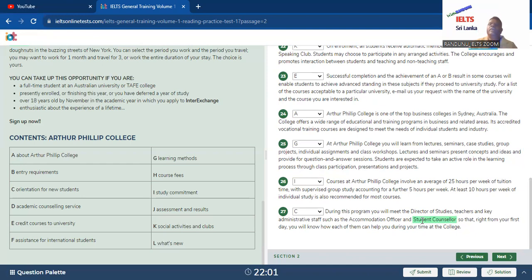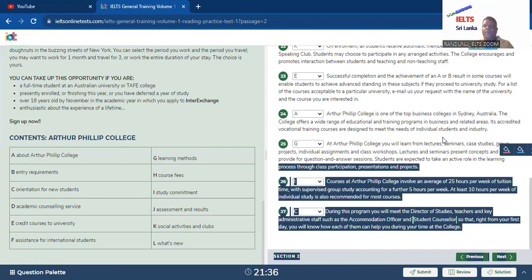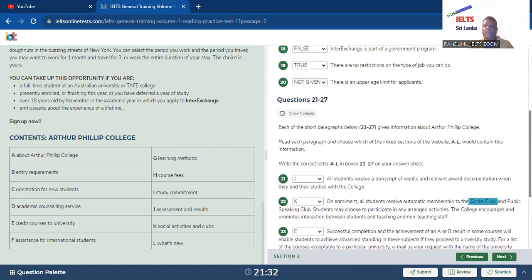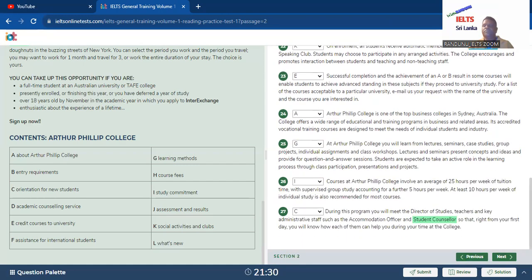This is the induction program or orientation program. Just because student counselor is there, it is not about student counseling, because accommodation officer is also there, no? So this one is induction. Answer is C.